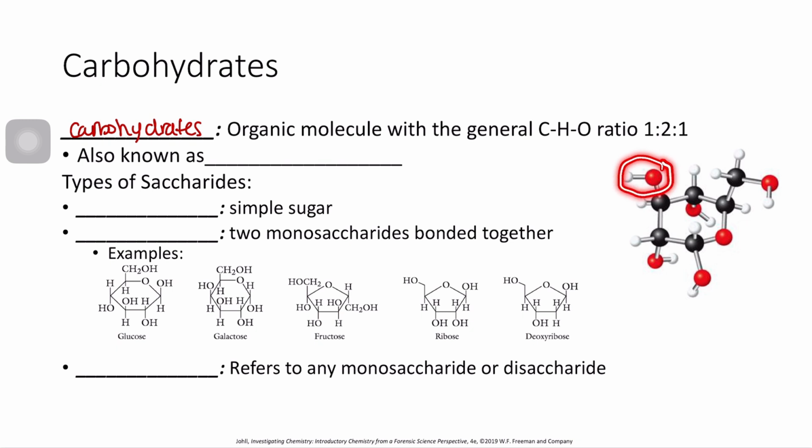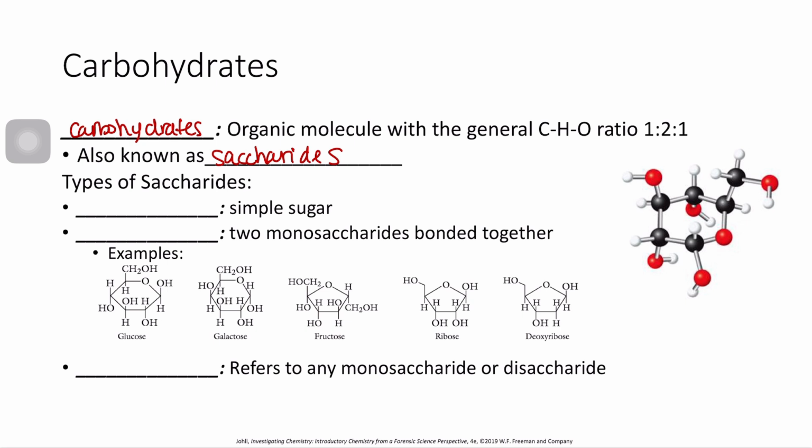So a carbohydrate is where you have all of these OH groups, but the ratio is one carbon, two hydrogens, one oxygen. These are also known as saccharides.